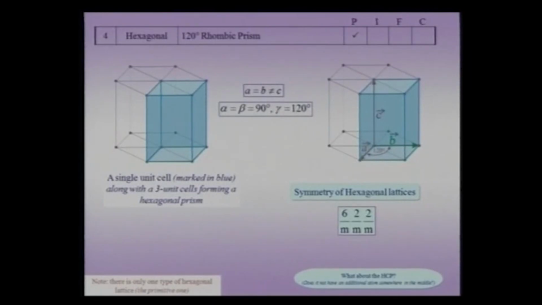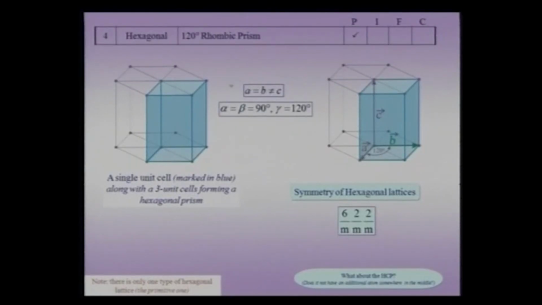The basis vectors for such a unit cell are A, B and C. The angle between A and B is constrained to be 120 degrees. If it were not constrained, then this lattice would not have this hexagonal symmetry. The angle between A and C, and similarly the angle between B and C, is 90 degrees.